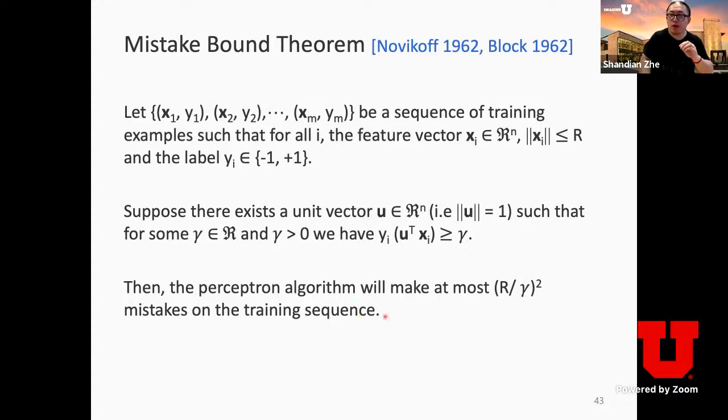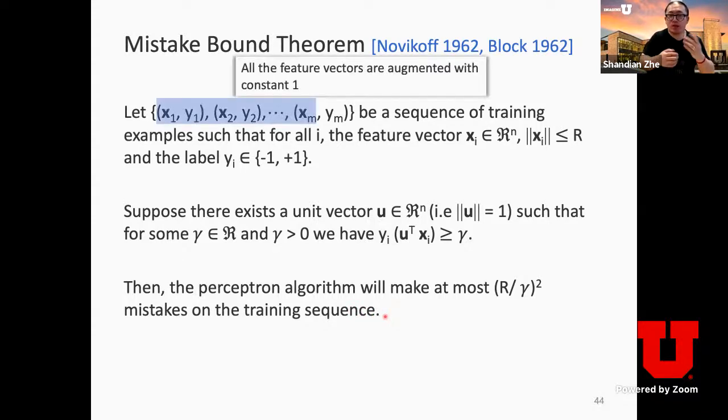Now to give a few more details, I just want to emphasize: first, all the feature vectors are augmented with a constant one. We emphasize this again and again because our analysis and all algorithm frameworks make this assumption, so don't be confused with our original definition of linear classifiers.